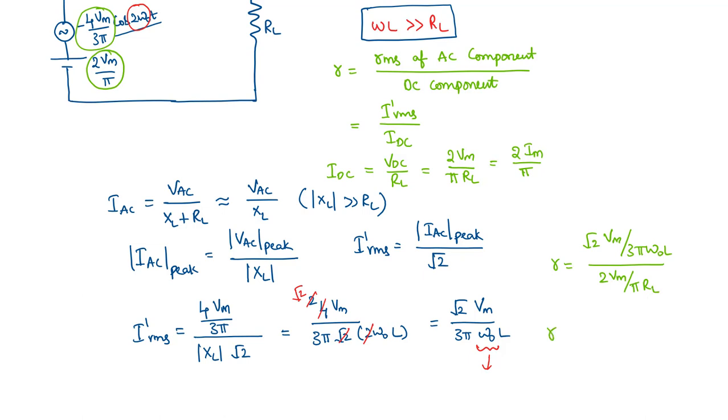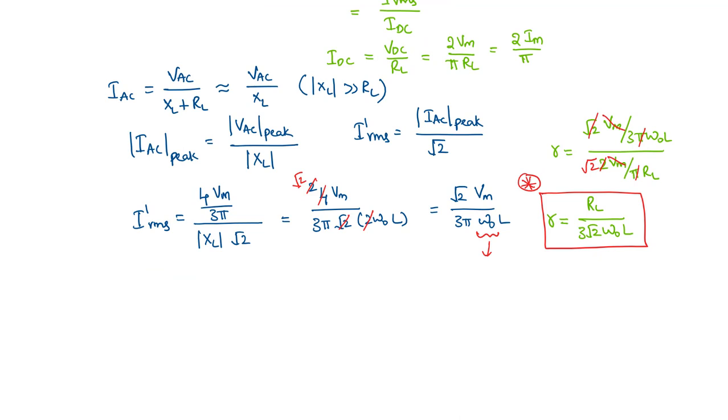Vm cancels, pi cancels, and the square root 2 cancels to leave a square root 2 in the denominator. So the ripple factor is RL over 3 square root 2 omega naught L.